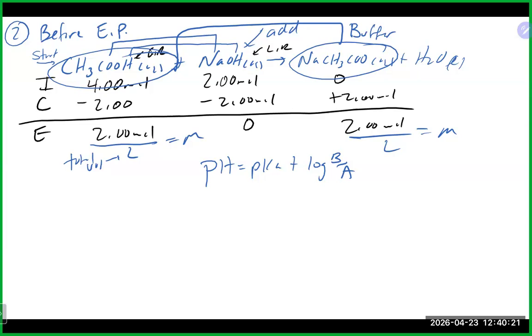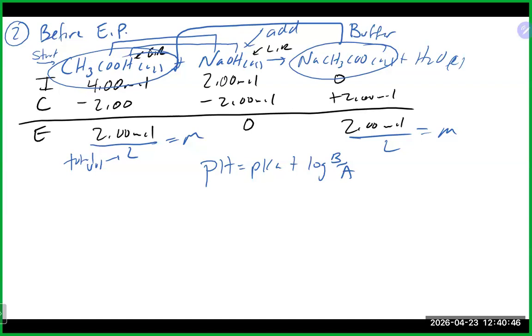So before the equivalence point, you will always create an acidic buffer that you can figure out the pH of in one of 2 ways, like we show here. You need a minimum of 1 ice table. The purpose of that ice table is to figure out the molarity of your buffer components. And you could then follow that up with the Henderson-Hasselbalch equation.